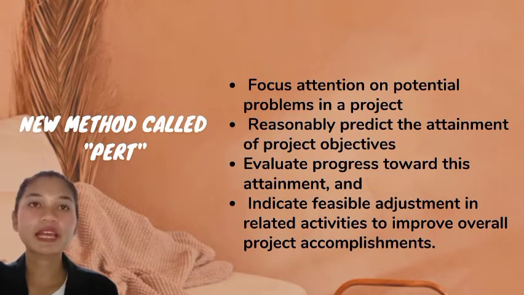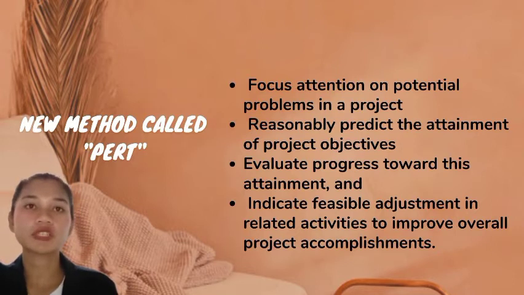So the next slide: a new method of production scheduling is called PERT, P-E-R-T. PERT, introduced in 1968, is a planning and controlling technique. The basic analytic device of PERT is a network consisting of a pictorial description of the necessary work.